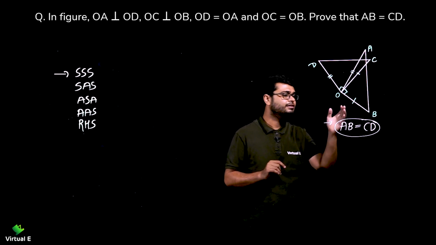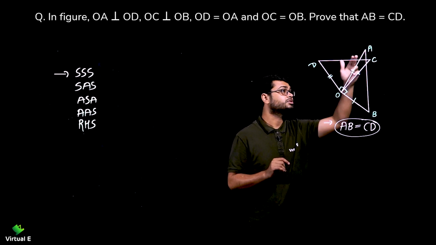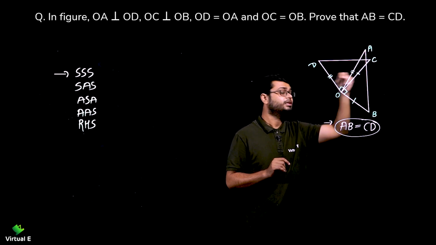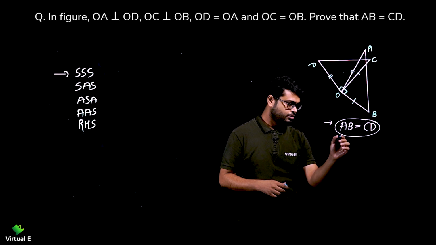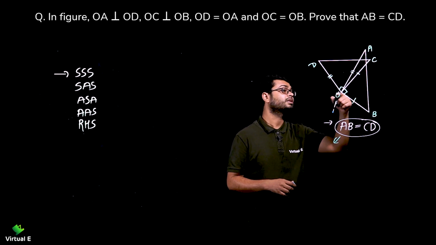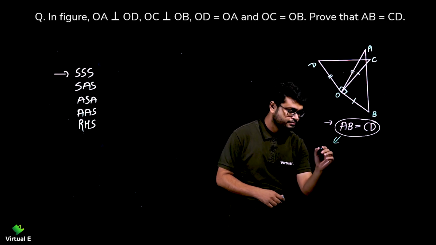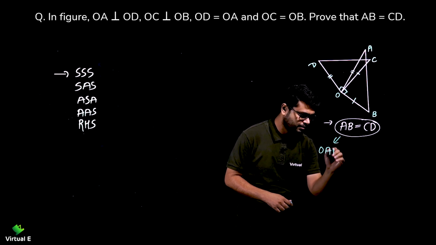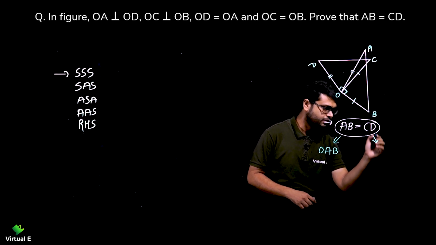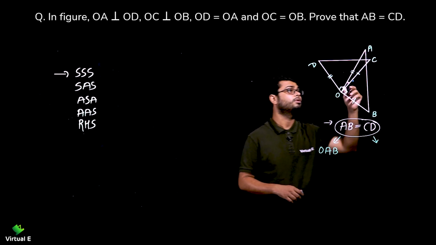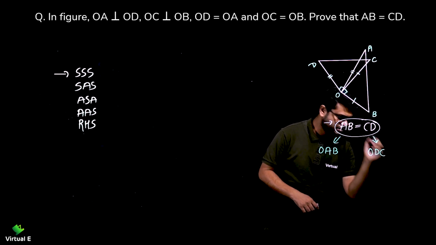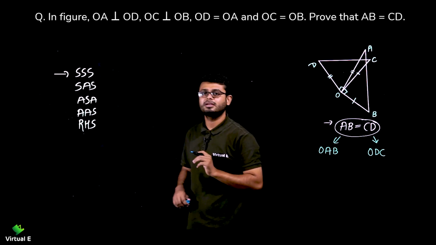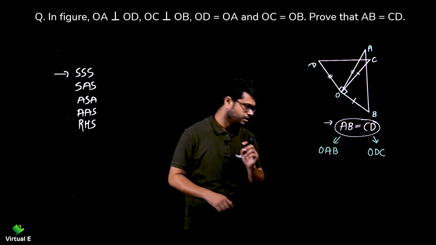So we can see very clearly AB belongs to this triangle, and CD belongs to ODC. So let's mention what we need to prove congruent. For AB, let's take OAB, and for CD we need to have ODC. These two triangles we are supposed to prove congruent.